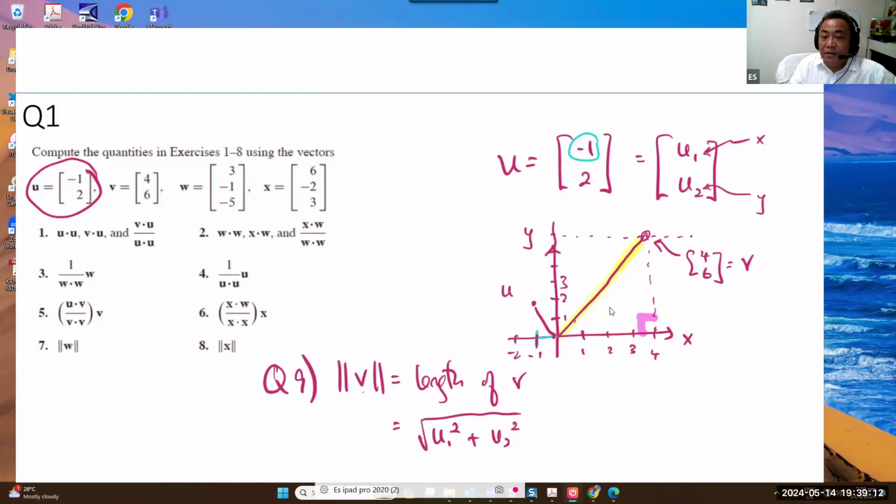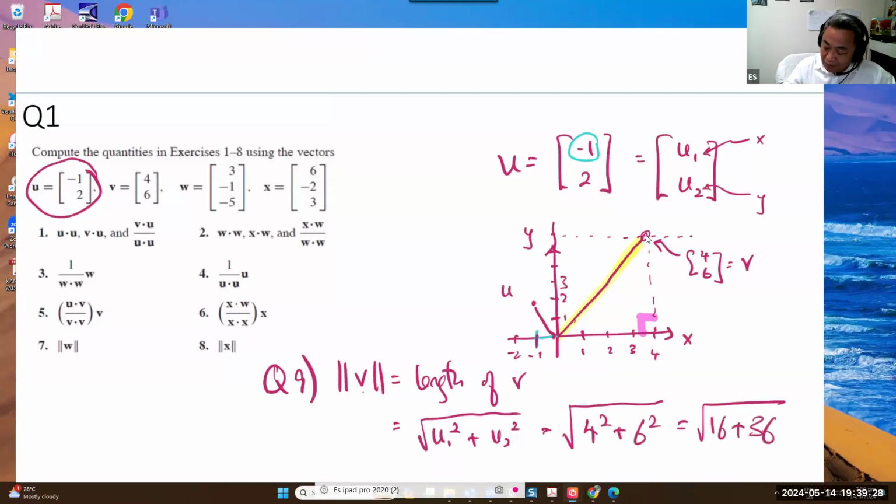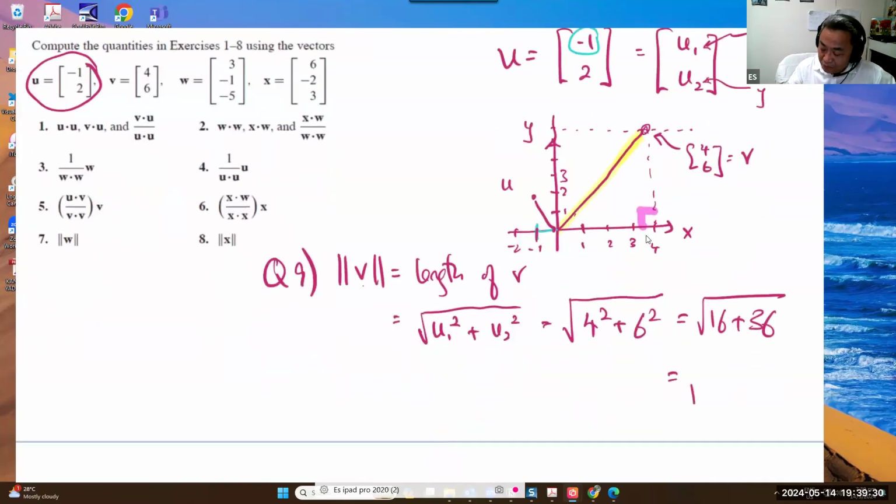The norm of v is, so now I'm drawing this one. Of course then it's very easy. All we do is plug in: 4 squared plus 6 squared. So it is 16 plus 36, and then you can work out the math, which is 52.